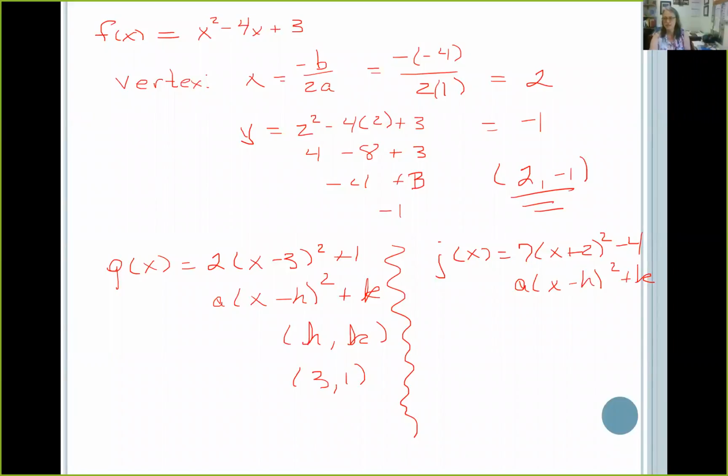So this plus 2 is actually x minus a negative 2. So my vertex is at negative 2, and then plus k, so this minus 4 is plus a negative 4. So it's negative 2, negative 4. Just have to keep your positives and negatives straight on these. Okay?